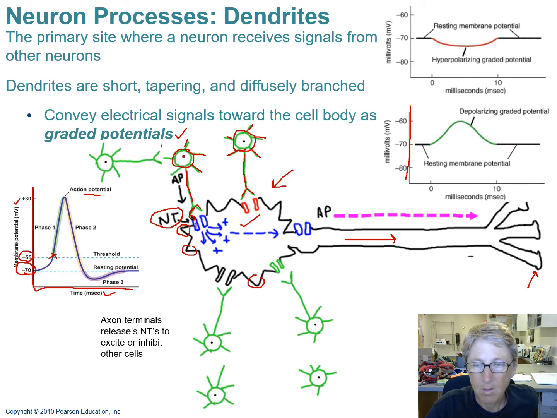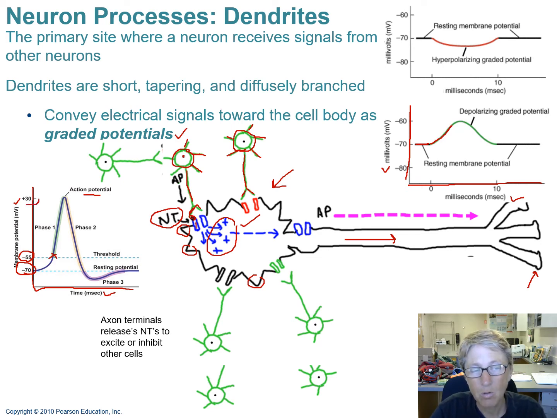Okay, so let's check this out. Same thing. This is a graph of a graded potential. Here's millivolts on the Y, milliseconds on the X. Here's our resting membrane potential. And then when these positive charges start coming in, it gets less negative or more positive. But remember in our action potential, let's go over the action potential graph.